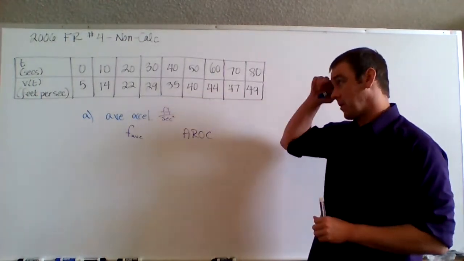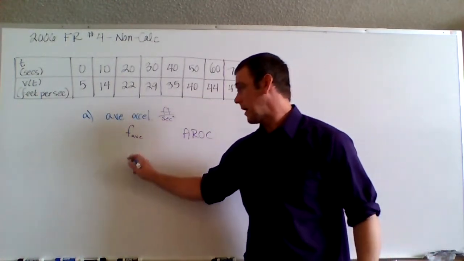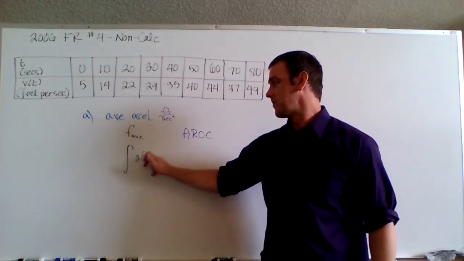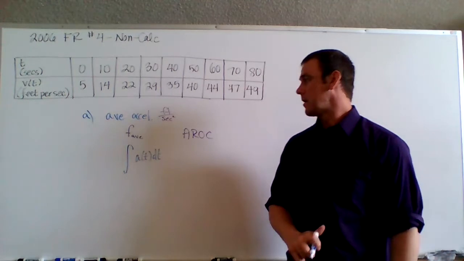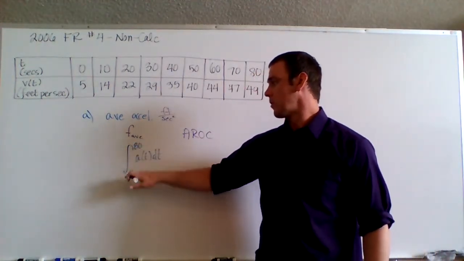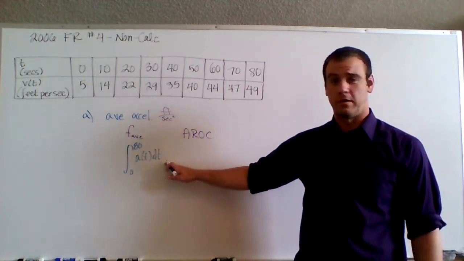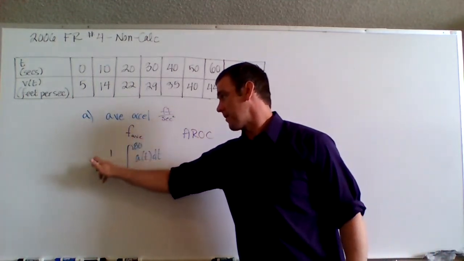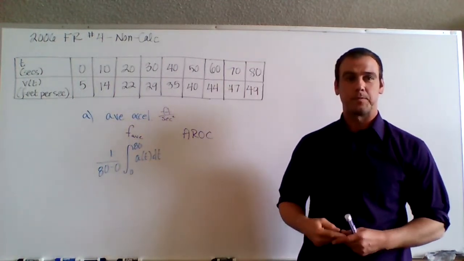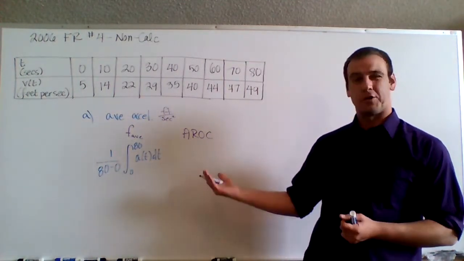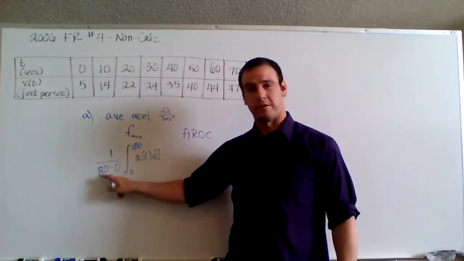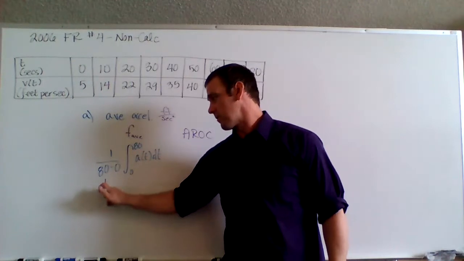So if we think about the FAV, let's say we integrate acceleration from 0 to 80 here. If we integrate acceleration, isn't the other part of FAV having the 1 over 80 minus 0 out front? So think about our units. This is really 1 over time, so 1 over seconds.